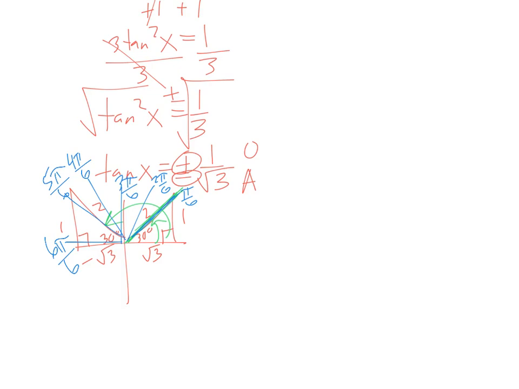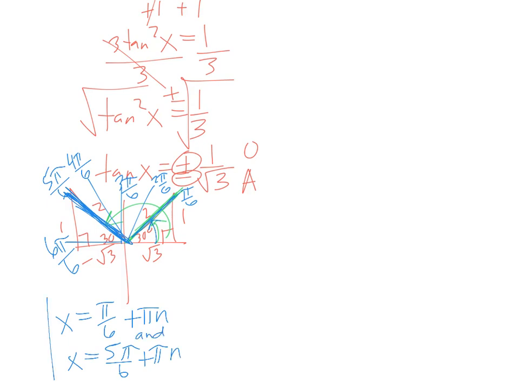Okay, but once again, here we've rotated pi over 6. And here we've rotated 5 pi over 6. Okay? And then we're going to add on the period length, which in this case, we're working with tangent, so we add on pi. But we're adding on multiples of pi, so we cover all the solutions. So it's pi n.